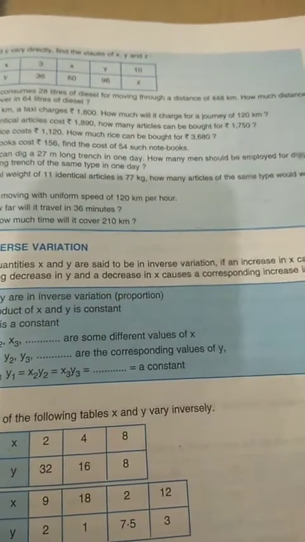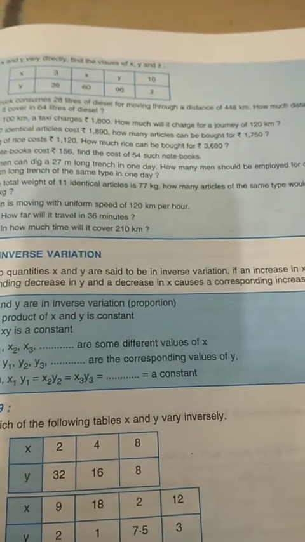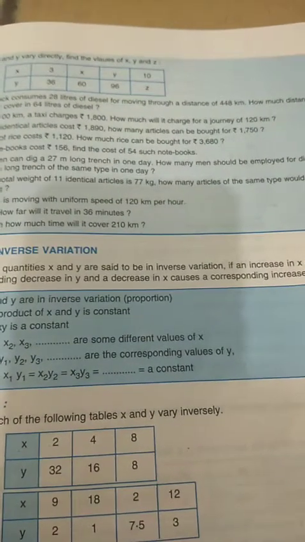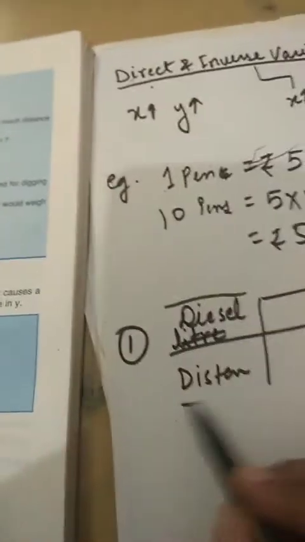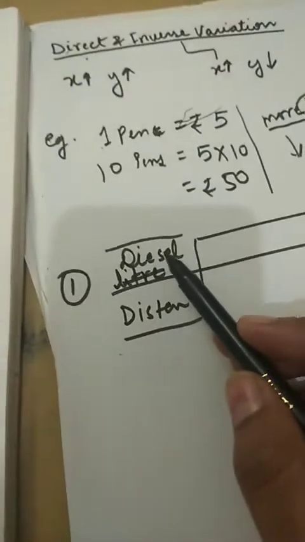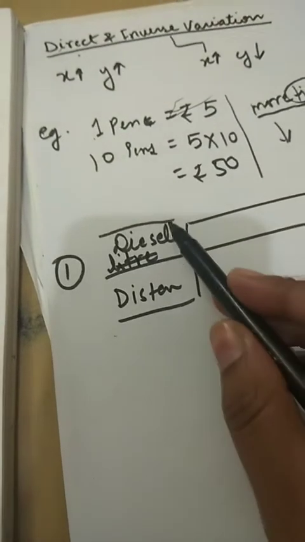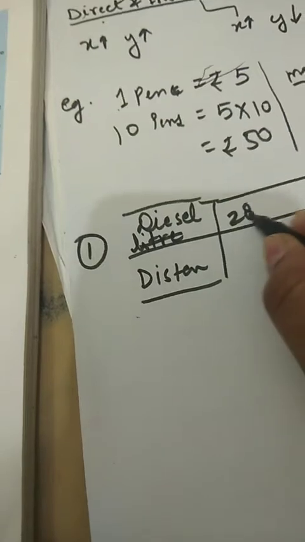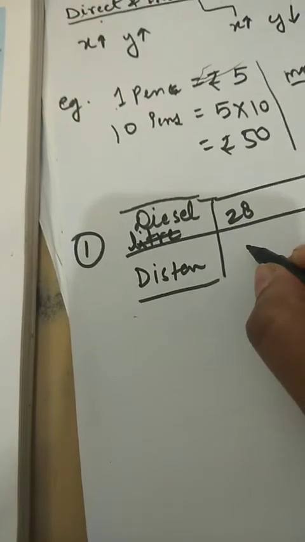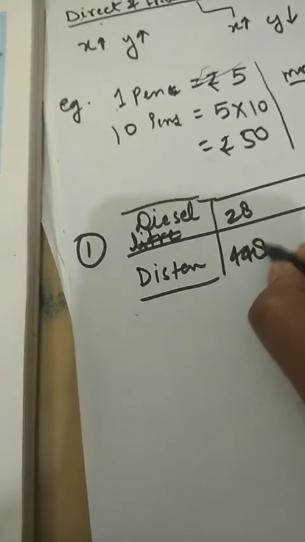So we will make two blocks like this, as I'll show you. The first one is diesel, it consumes in liters, and the distance it travels in kilometers. So diesel it is consuming, for the first part it is 28 and the distance it is moving is 48.